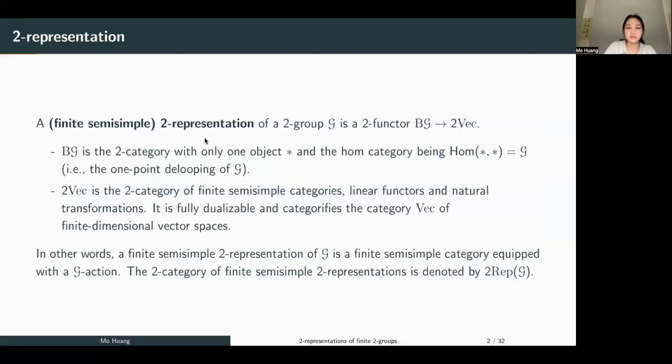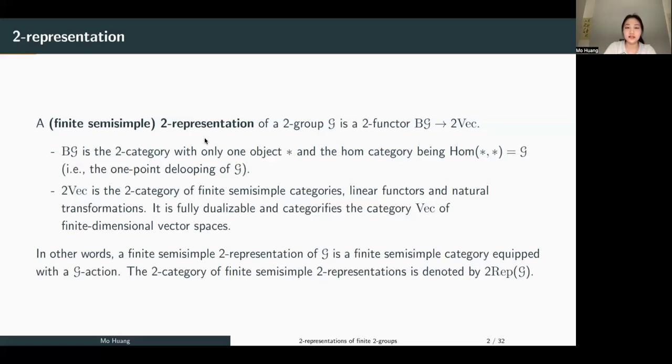A finite semi-simple two representation of a two group G is a functor from BG to 2Vec. Here, BG is the two category with only one object star and the hom category being this two group G. That is the one-point delooping of G. 2Vec is a two category of finite semi-simple categories, linear functors, and natural transformations.